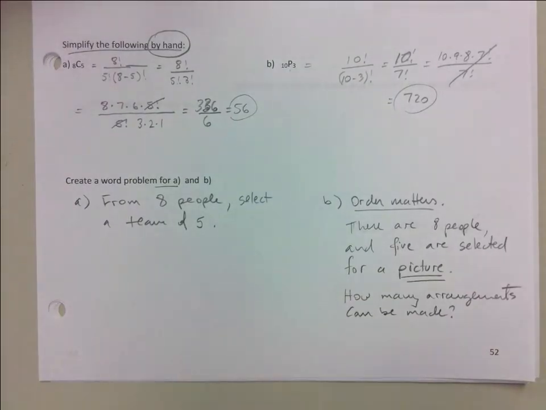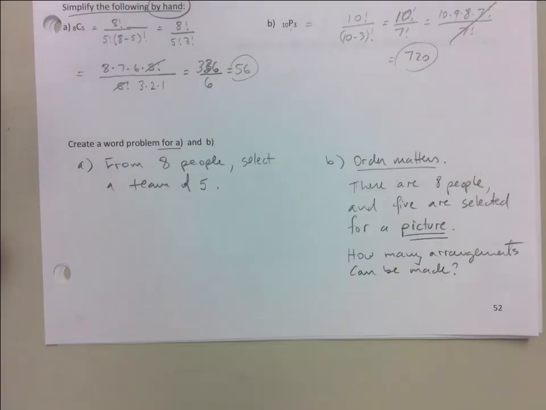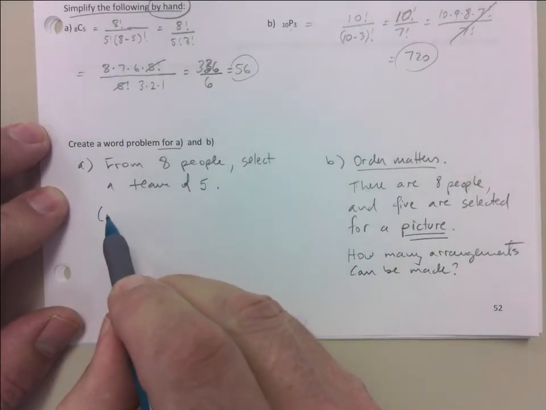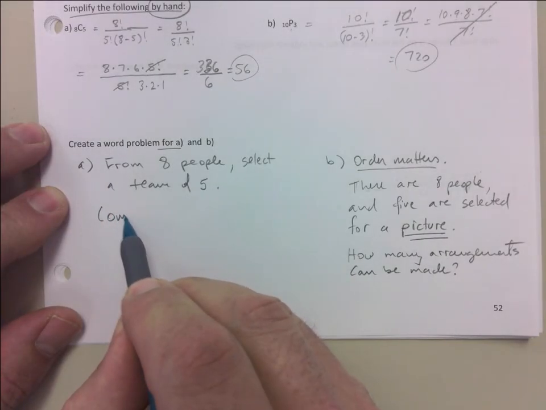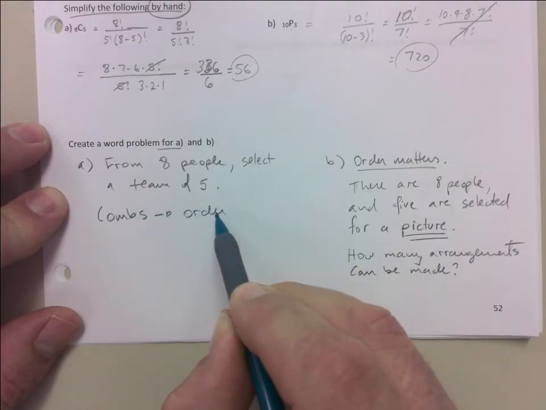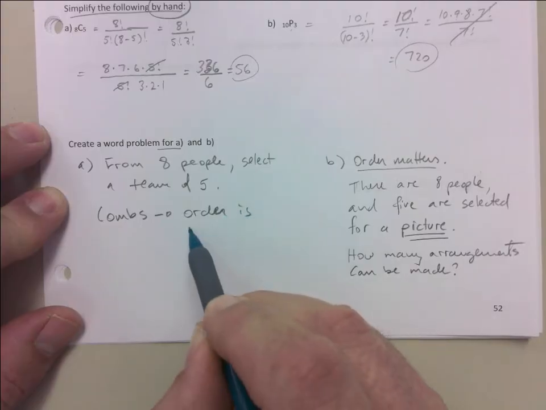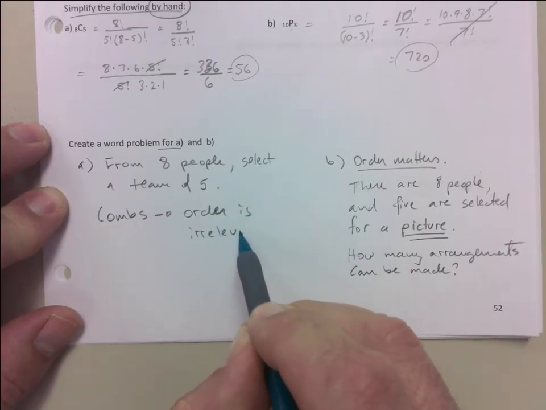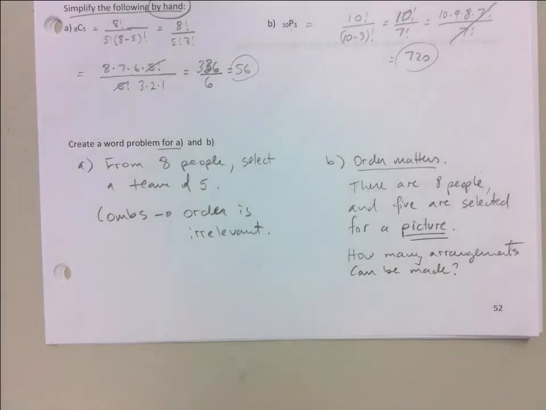That has come up before. I will just say for A, order doesn't matter, right? Combinations, order is irrelevant. Okay, just making a team of 5.